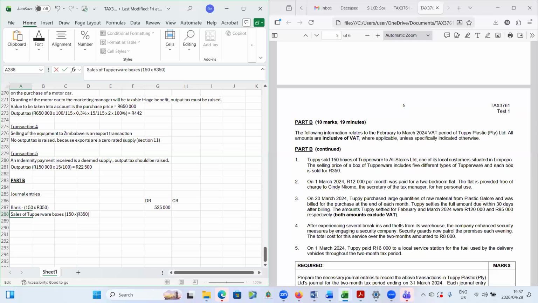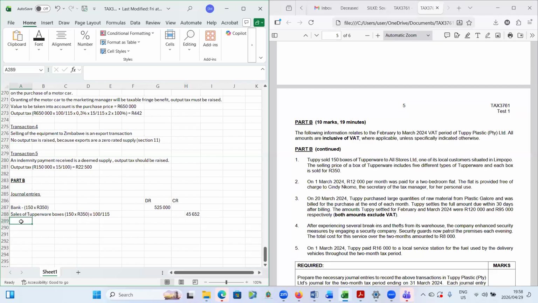If it includes VAT, you want to get the amount excluding VAT, isn't it? How do you get the amount excluding VAT? You multiply by 100 over 115. Then you are going to get sales excluding VAT, which are going to be posted into the profit or loss account. So it's going to be 45,652 rand. These are sales.